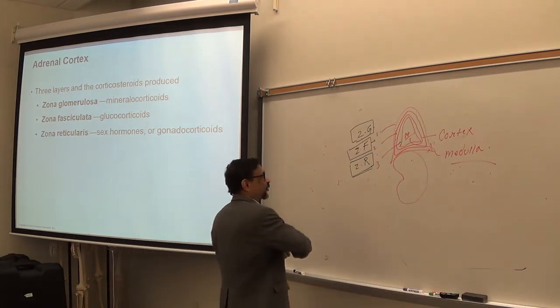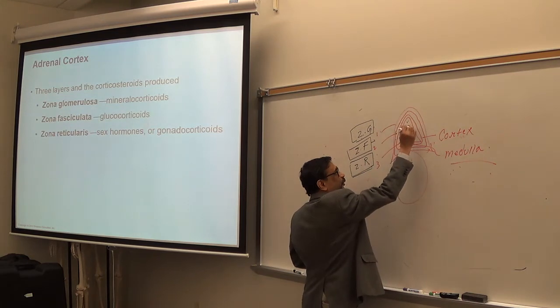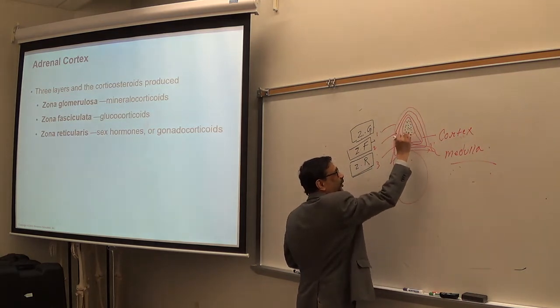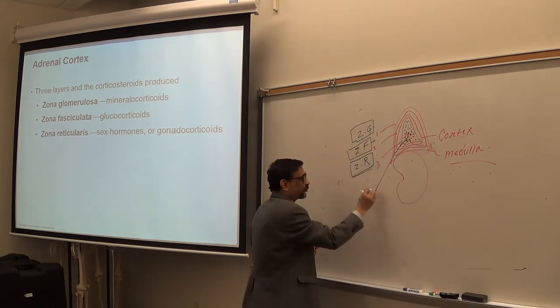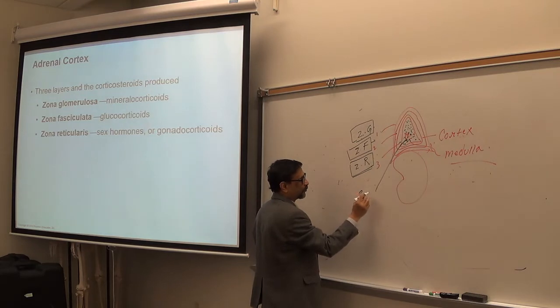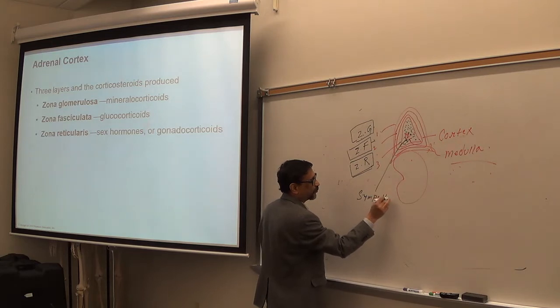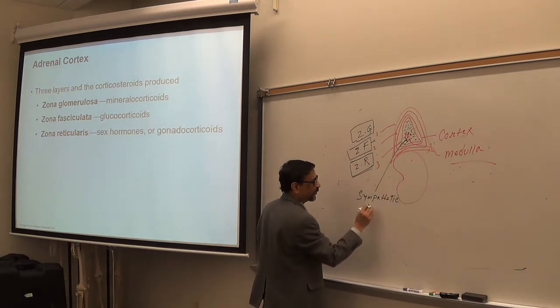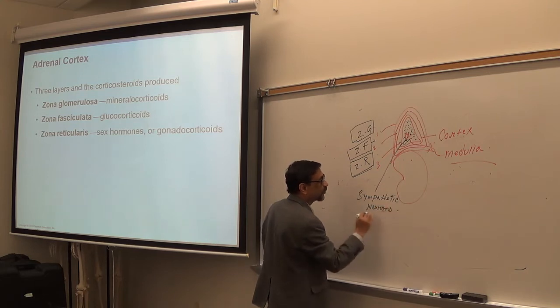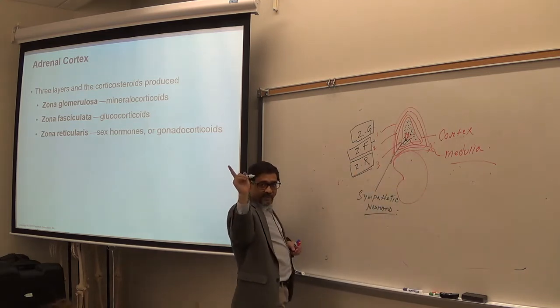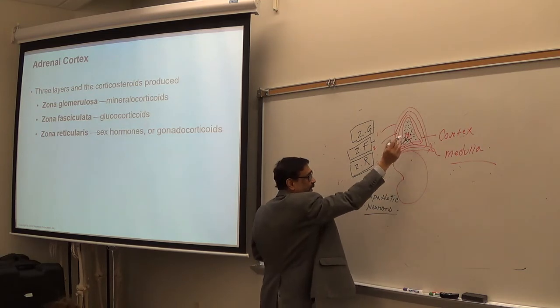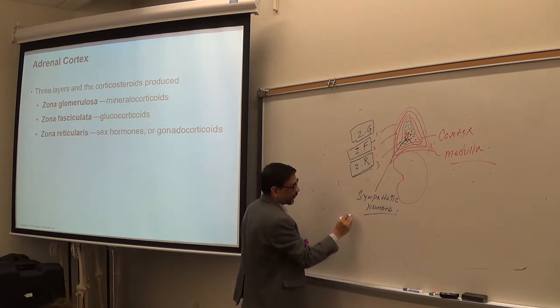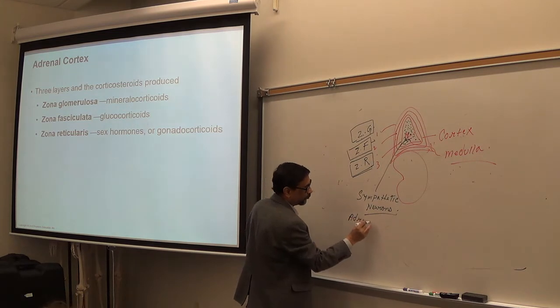Now the medulla, this part. In this part, you have sympathetic neurons. You know, autonomic, sympathetic, parasympathetic. Sympathetic neurons. And this adrenal medulla produces adrenaline and noradrenaline.